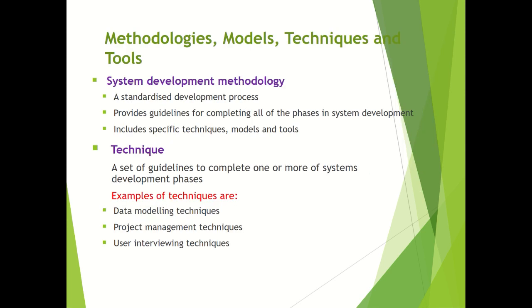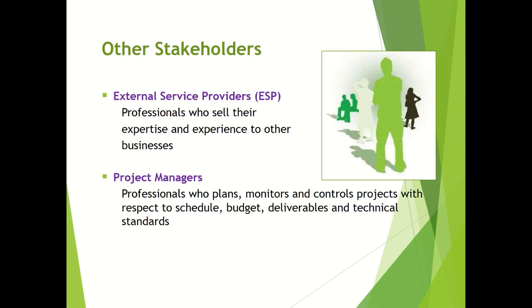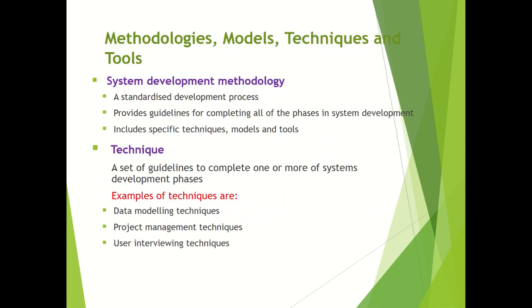So we have seen about systems, information systems, the different types, and then we have also seen about the various stakeholders. Now we need to see about the various methodologies, models, techniques, and tools. The major system development methodology is that you need to standardize every development process.